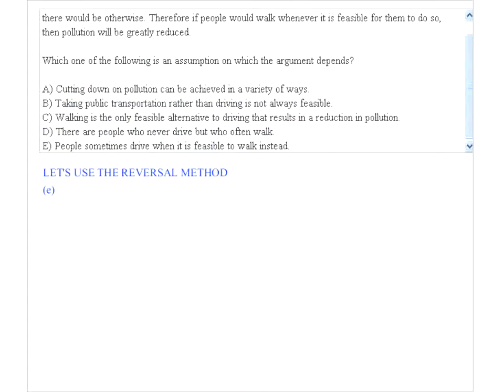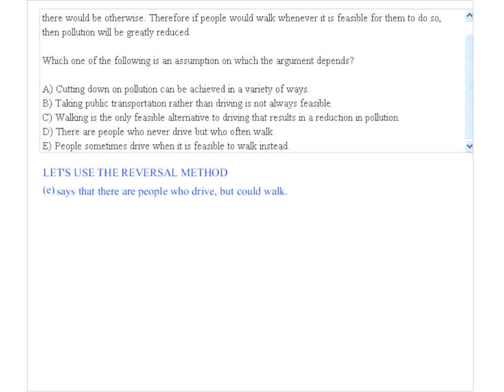So E says people sometimes drive when it is feasible to walk. So E says basically that there are people who drive but could walk. Does anybody know how to reverse that?